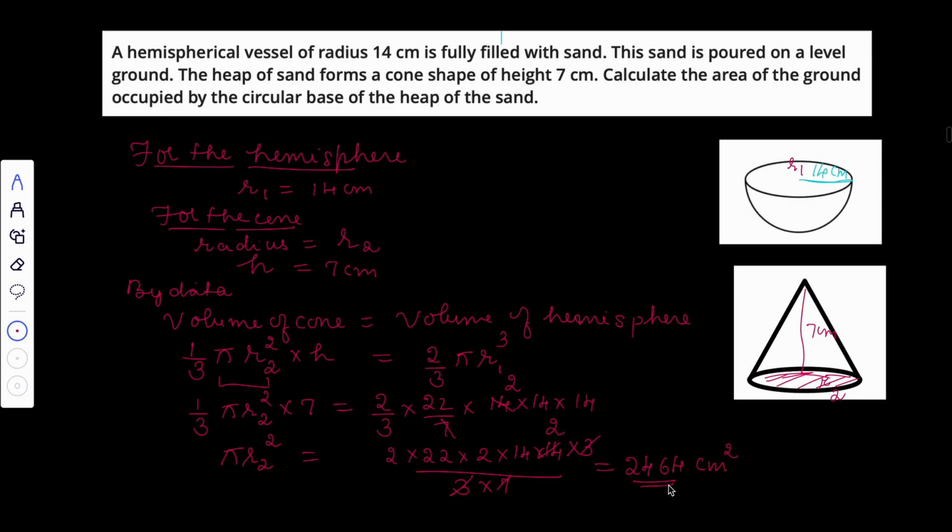That is the area of the base, and centimeter square is the unit. Therefore, the area of the ground occupied by the circular base of the heap is 2464 centimeter square.